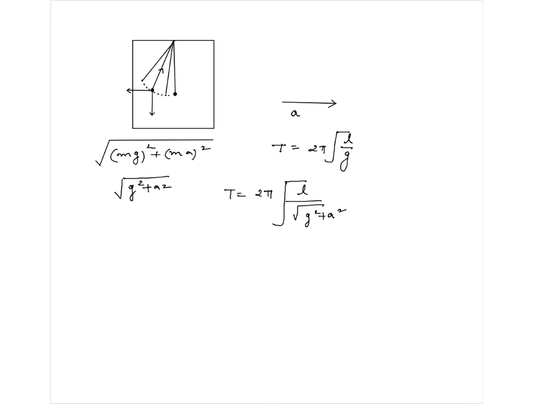So often the result 2 pi root L by G is memorized as 2 pi root L by G effective. In normal usage situation, G effective is G. In case of elevator, accelerating up, accelerating down, G effective changes appropriately.